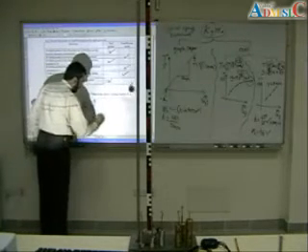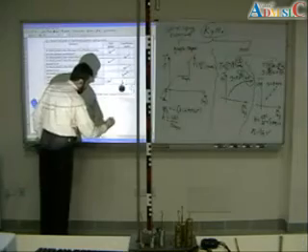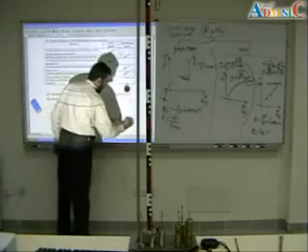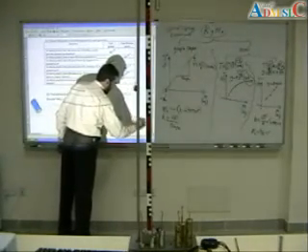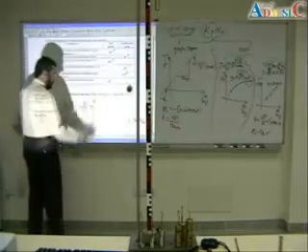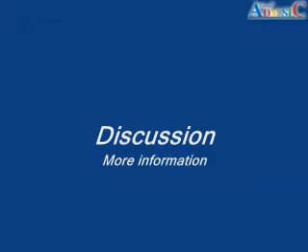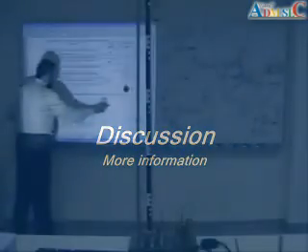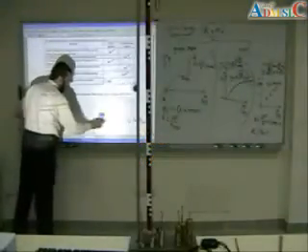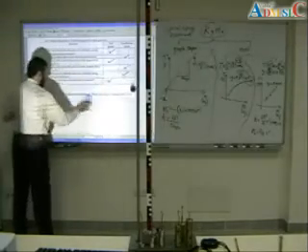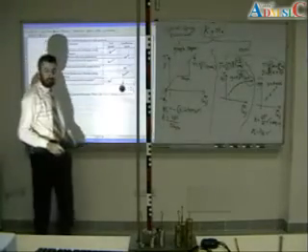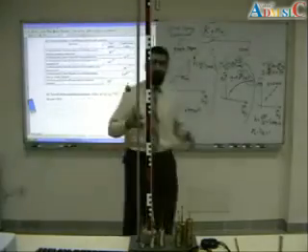Why? Because k is constant. We said it's the constant. So how can I change k? I can change k if I change the spring itself.